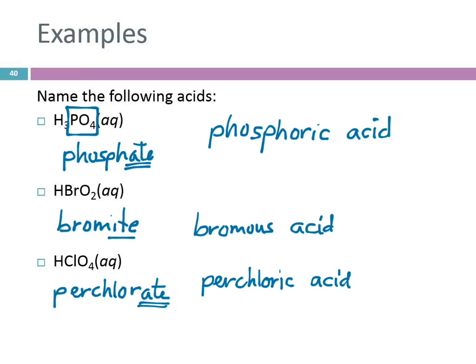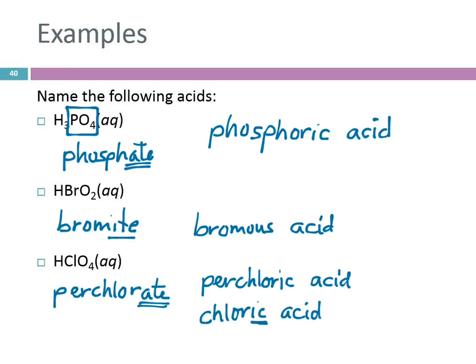why not prefixing on the hydro? Why not the hydro? Because this is a different group of acids. And so it's got a different way of naming. When you see hydro something acid, so there's an acid called chloric acid.